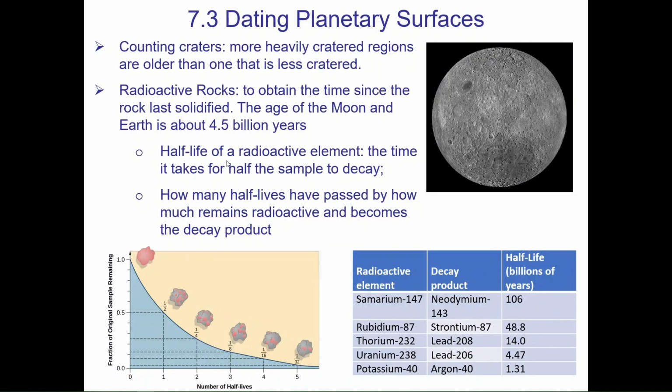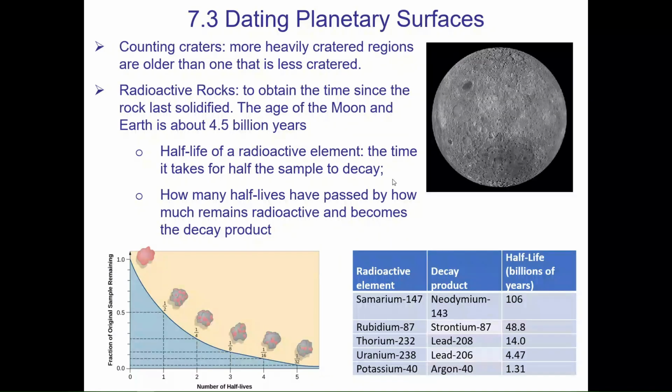And we use a very important term, the half-life of a radioactive element, to measure how fast the radioactive element decays over time. The half-life is pretty much the time it takes for half of the radioactive element to decay. Of course, some will decay sooner and some will decay later.